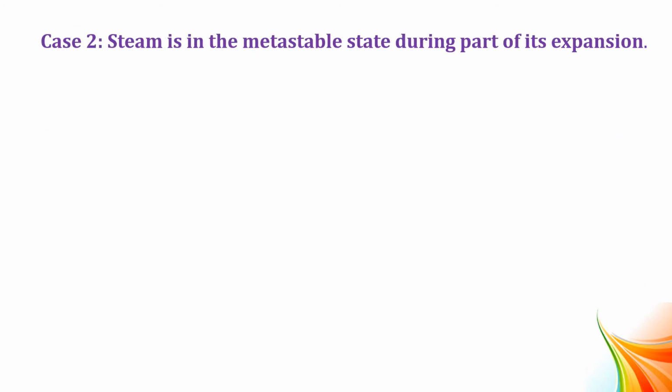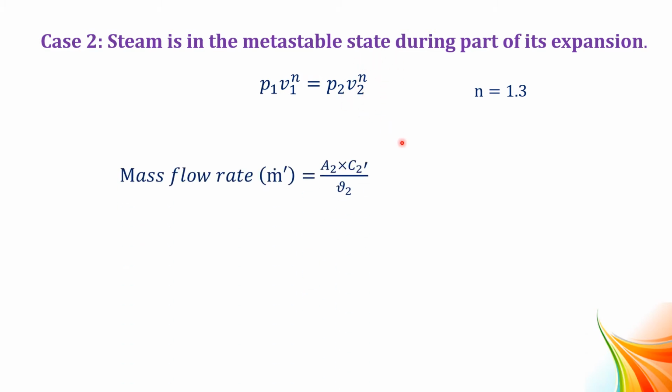Case 2, steam is in the metastable state during part of its expansion. If the flow is metastable, then the value of n equal to 1.3. The relationship between pressure and volume is P1 V1 power n equal to P2 V2 power n. So by using this equation, we can find out the value of specific volume V2.